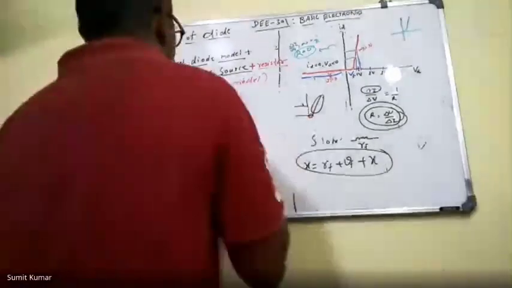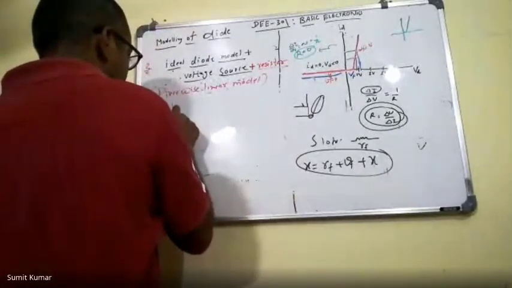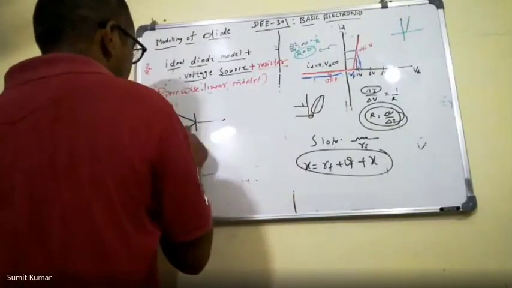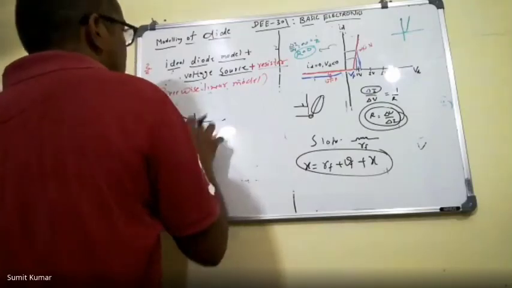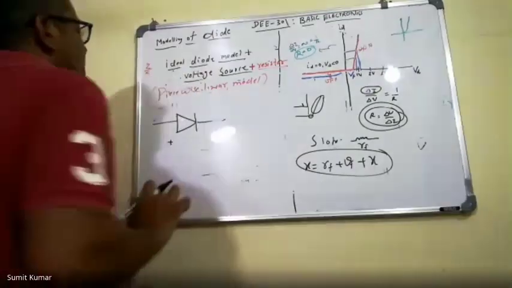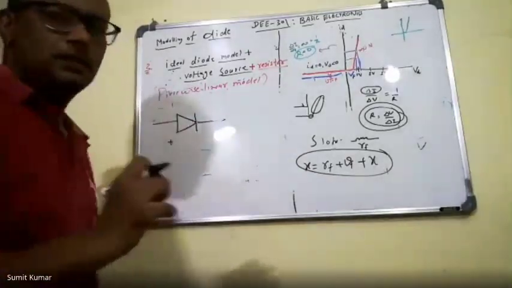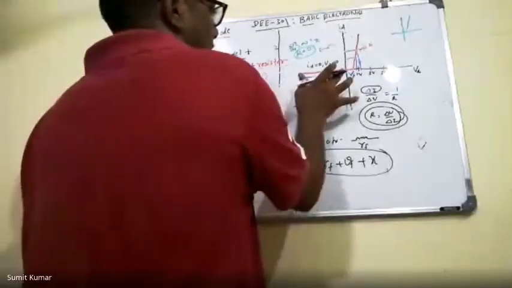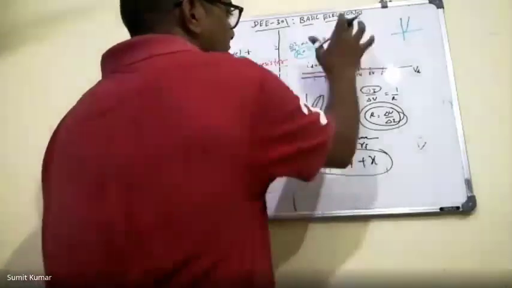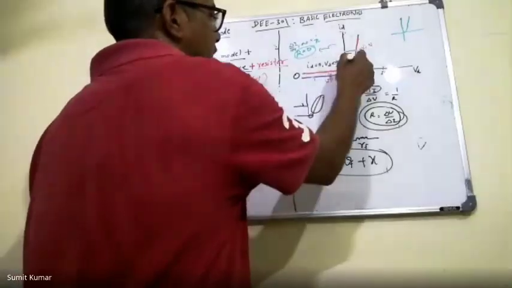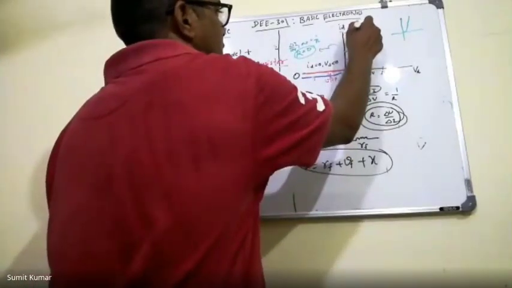So here we will conclude this. This is how we can model the diode using the third type of modeling, which is the piecewise linear model. Why are we calling this a piecewise model? Because this is piecewise linear. The first piece is this OA, and the second piece is this OB.